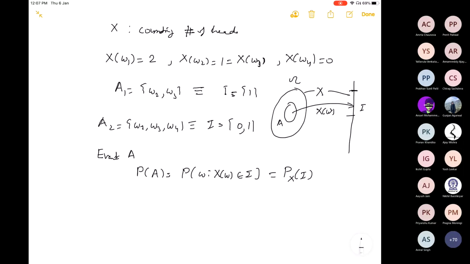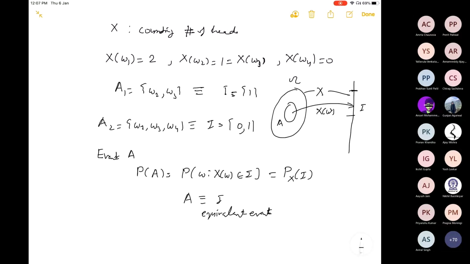Here A and I are equivalent events. So if we want to find the probability of I, we can find the probability of A also.